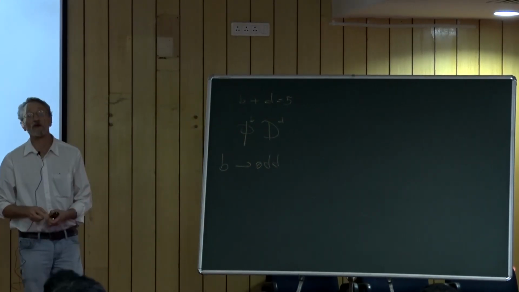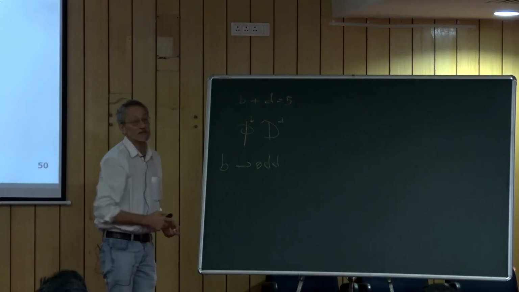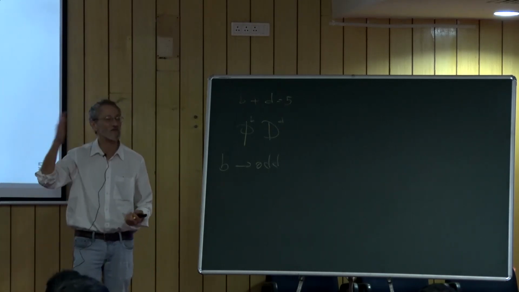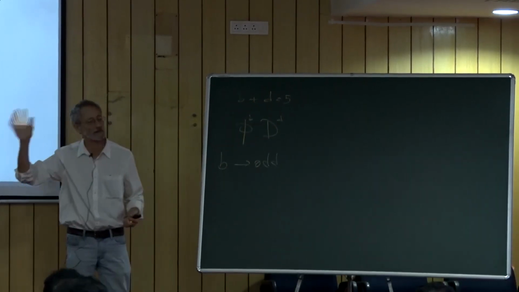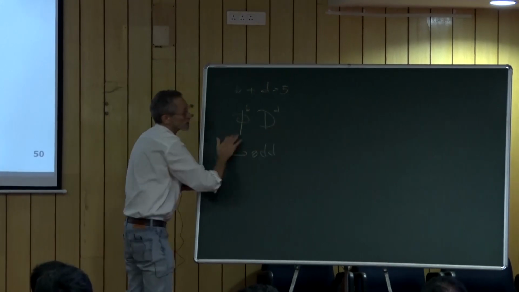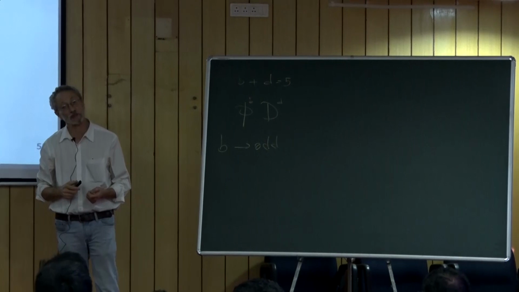Then I have an odd number of isoscalar doublets, either 1 or 3 or 5. It doesn't matter. I know there's a limitation. It cannot be more than 5. It's 1, 3, 5. But this operator has to be gauge invariant. D doesn't carry an isospin number.